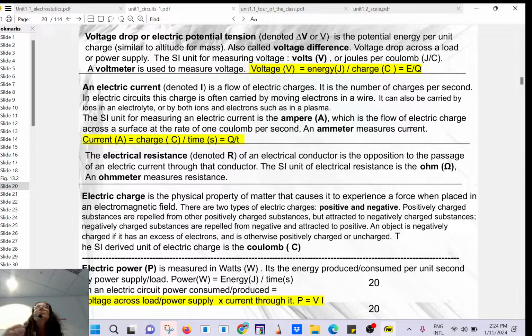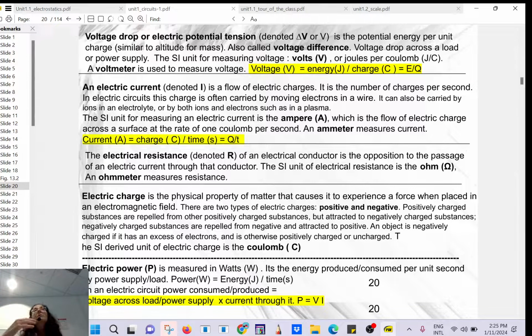Microwaves, as you all know, have a lot of appetite, so you don't want to run them all day long. A hair dryer also consumes a lot of power. So the power consumed by a load, like a hair dryer, will be the voltage drop across that load, which is 120 volts for example, times the current going through it.